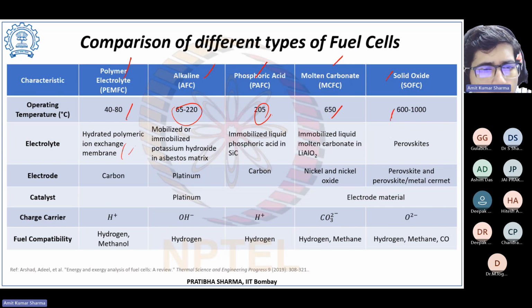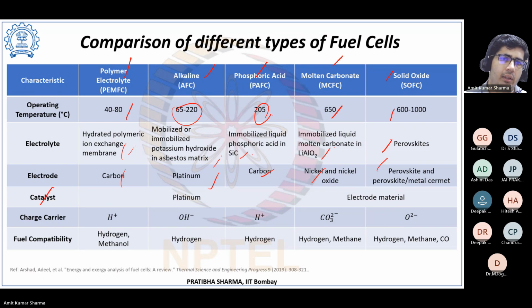Alkaline: mobilized or immobilized potassium hydroxide in asbestos matrix. Phosphoric: immobilized liquid phosphoric acid in silicon carbide matrix. Molten carbonate: immobilized liquid molten carbonate in LiAlO2. And SOFC: perovskites. Electrodes are made of carbon, platinum, carbon, nickel and nickel oxide, perovskites, metal cermet.